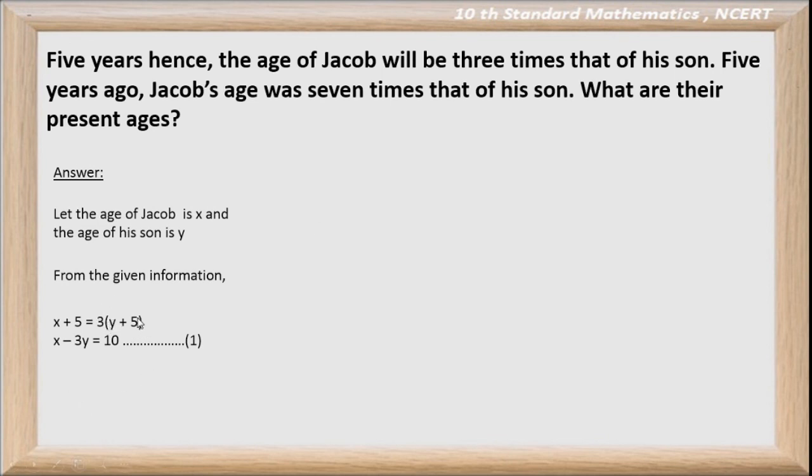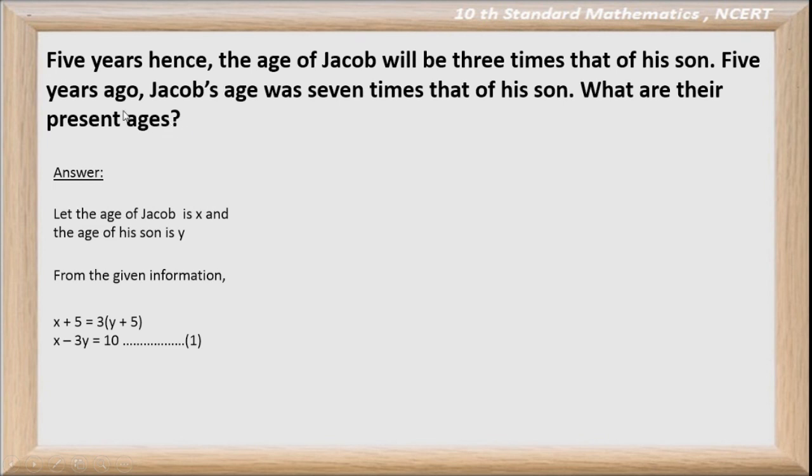So x plus 5 equals 3 times y plus 5. We can write this as x plus 5 equals 3y plus 15. So x minus 3y equals 10. Make this equation number 1.